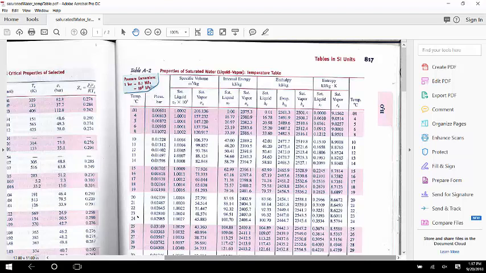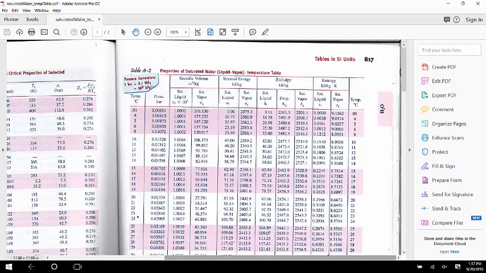It can be a saturated liquid, in which case it has a specific volume of 1.0009 times 10 to the minus third, or it can be a saturated vapor, in which case it has a vastly bigger specific volume. As it goes from liquid to vapor, it's trying to expand a lot.